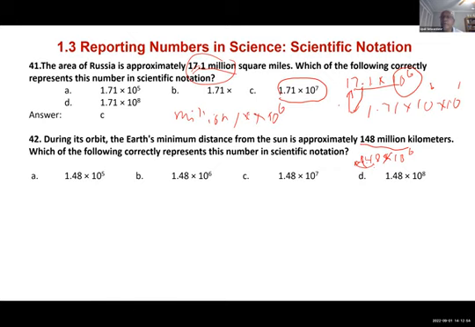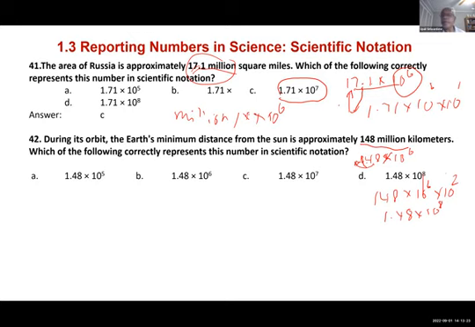Therefore, 1.48 times 10 to the 6 plus 2, so it becomes 1.48 times 10 to the 8.